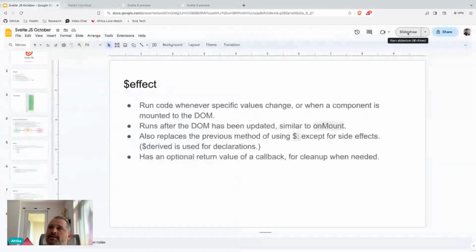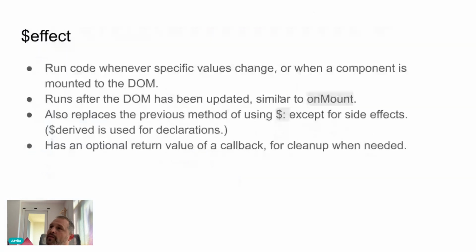Next one is $effect. This one is, in my opinion, probably the most interesting one. Essentially you pass it a function, and it will execute that function whenever the component is mounted in the DOM, or whenever one of its reactive values changes.